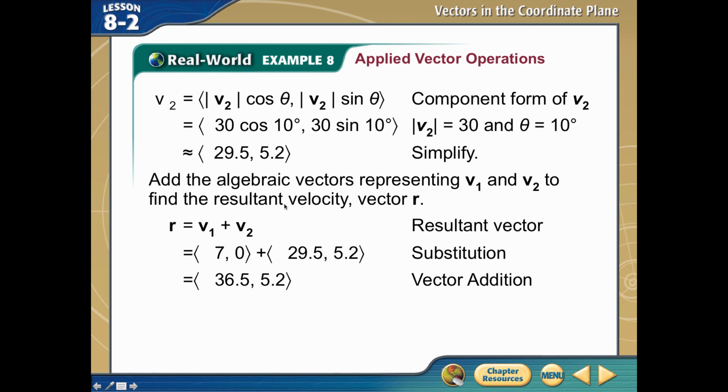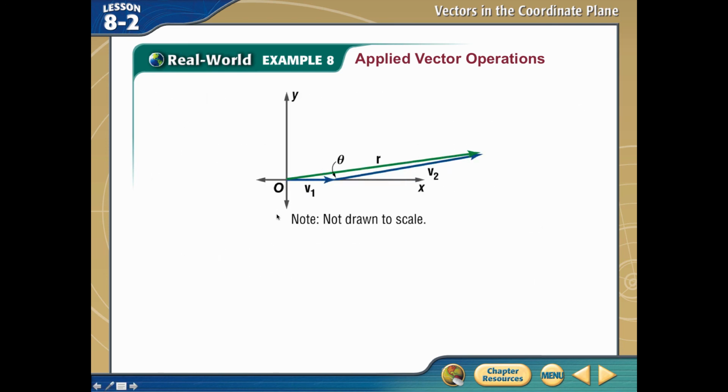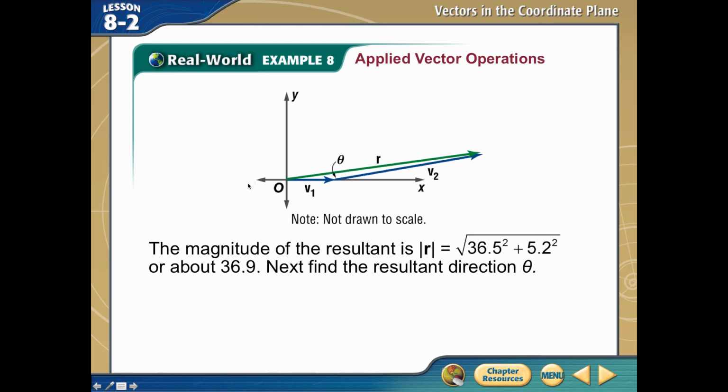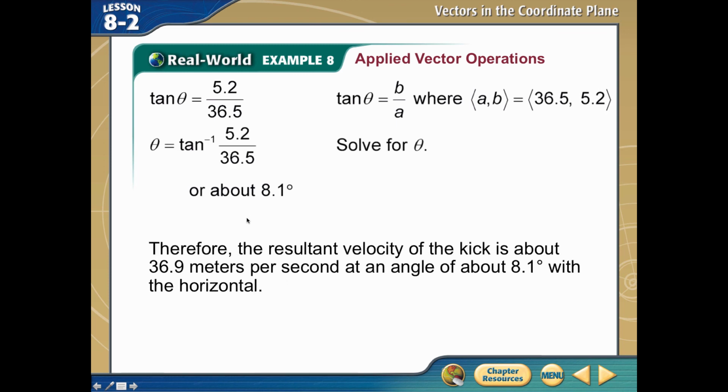Isn't that much easier than using the law of cosines and the law of sines to figure everything out? And breaking each vector down, you get your resultant. And if you need to find the magnitude, you just square x and y, take the square root of it, you get the magnitude. And to find the direction, you just do the inverse tangent.